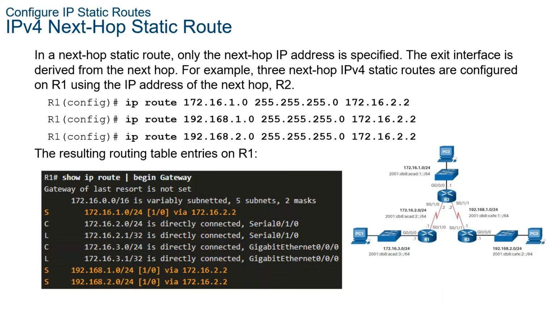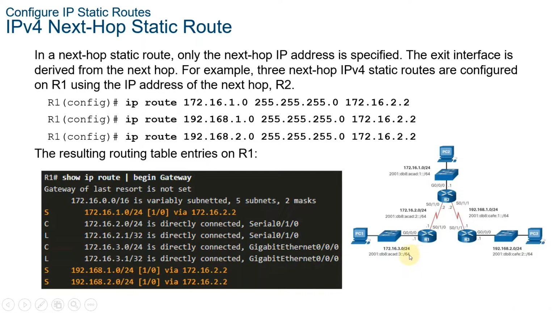Now, in a next hop static route, only the next hop IP address is specified. The exit interface is derived from the next hop. For example, three next hop IPv4 static routes are configured on R1 using the IP address of the next hop of R2. Referring to the topology that we have earlier, if I am on R1, the first thing you need to do is identify the directly connected networks to R1.